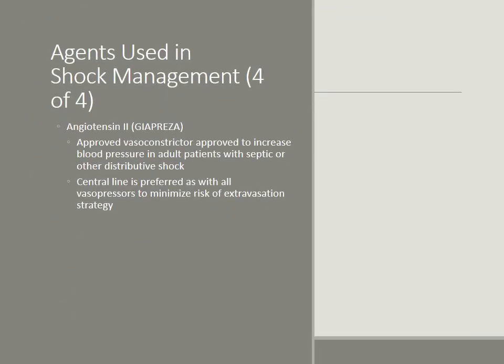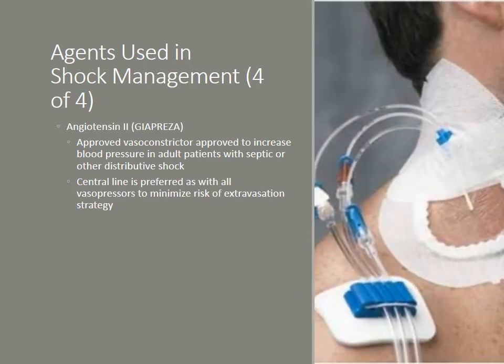Let's talk about angiotensin II. This is an approved vasoconstrictor to increase blood pressure in adult patients with septic or other distributive shock. A central line should be used and is preferred, as with all vasopressors, to minimize the risk of extravasation.